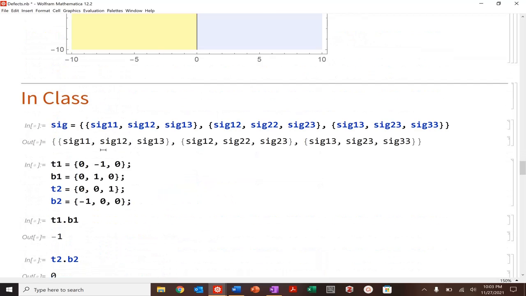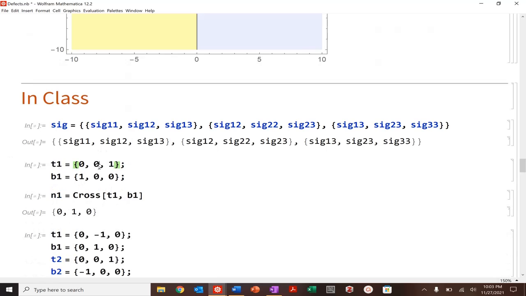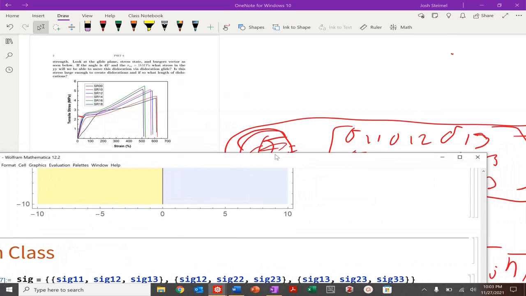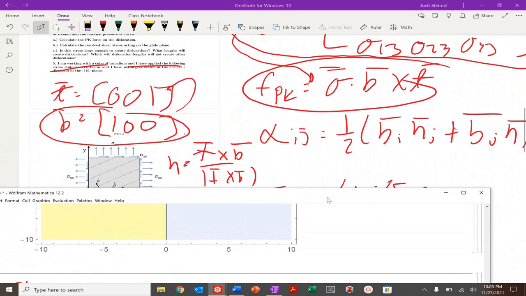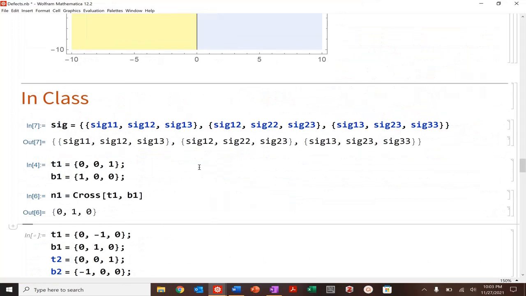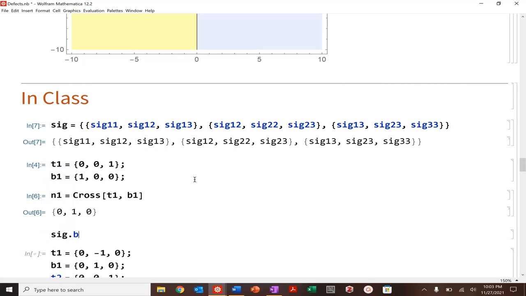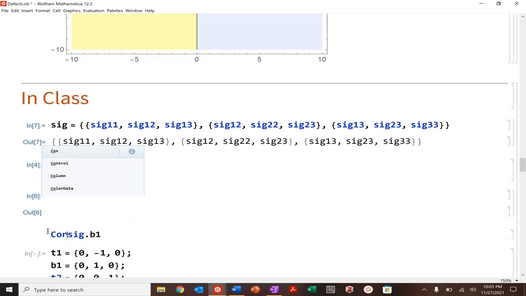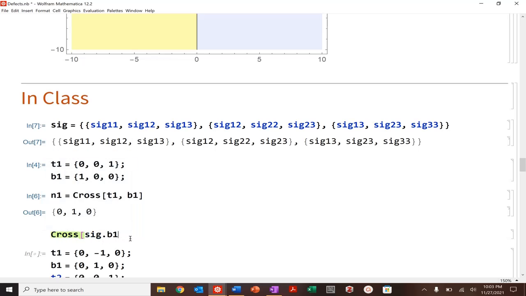Here we go. So for example, this was our T1, B1, N1, and you can see this is just my generic stress tensor sig. So if I want to calculate my Peach-Koehler force, sig dot b cross t, so sig dot b1, I'm going to cross that with t1.